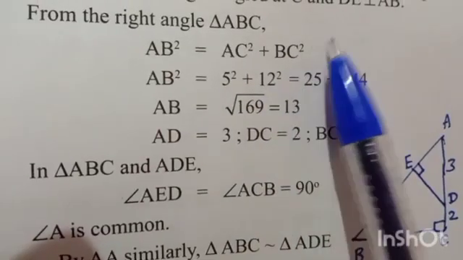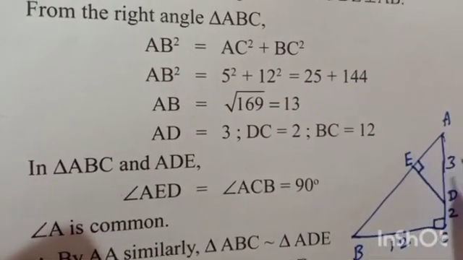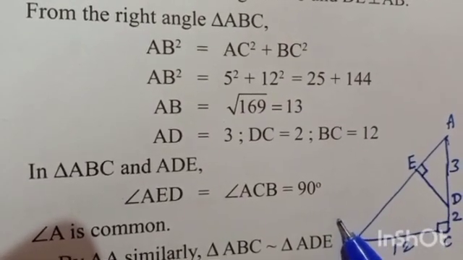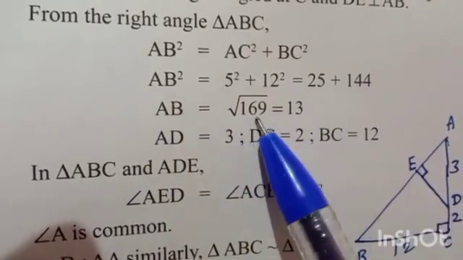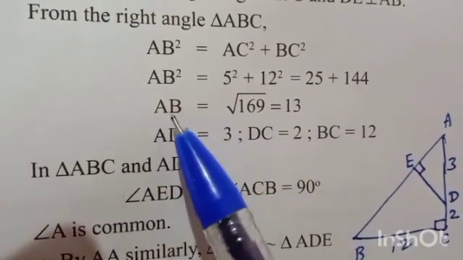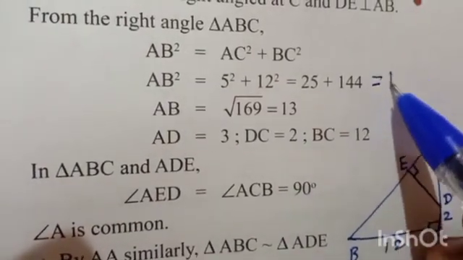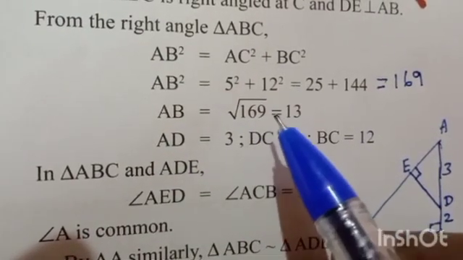Why are we applying Pythagoras theorem here? Because one side is unknown. So we have to find the length of AB. Add these two, that is 169. AB square is equal to 169. AB is equal to square root of 169.